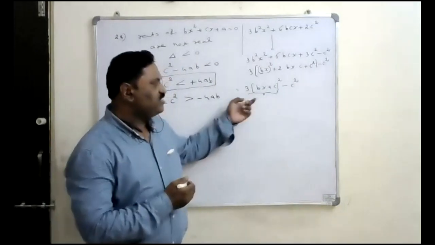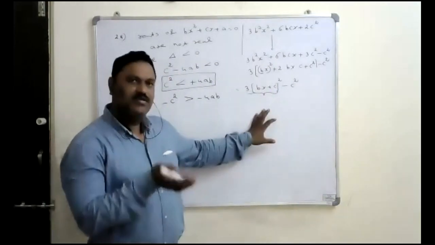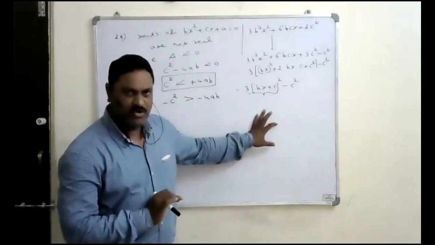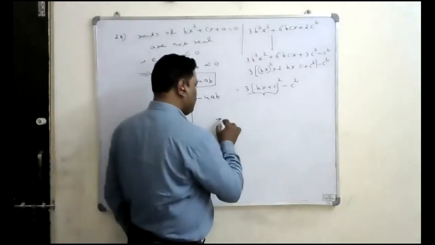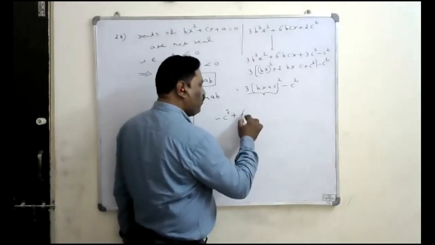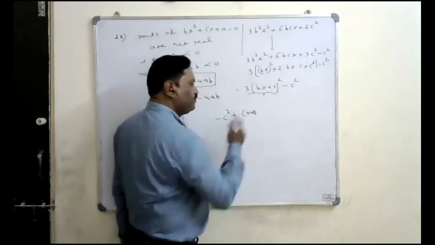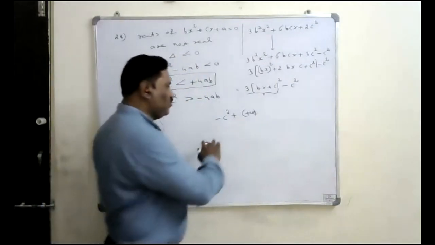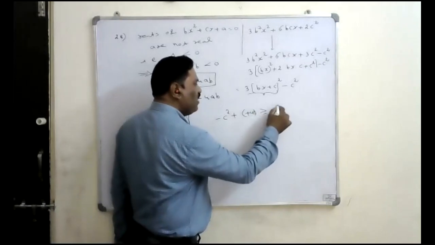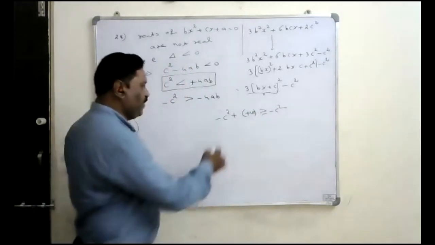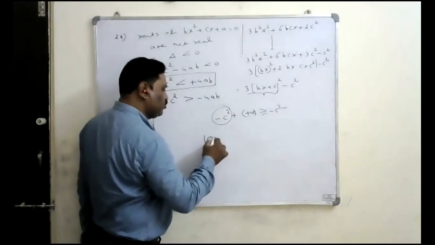If it is more than 0, this total value will be more than minus c square only. Because it is minus c square, I am adding some positive value here. If I add some positive value, this total value will be more than minus c square. Suppose minus c square is 10, let us assume that.